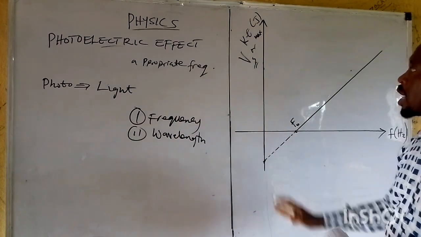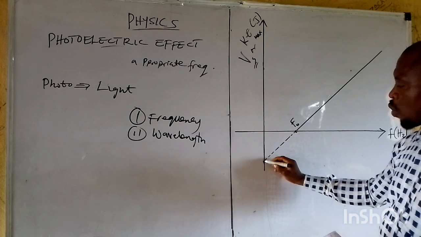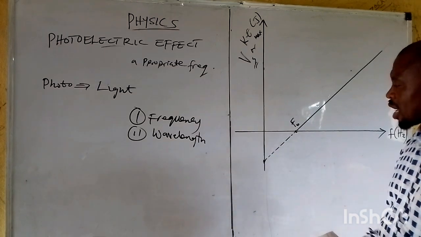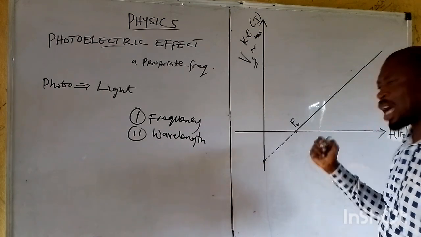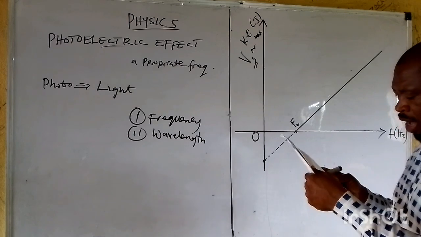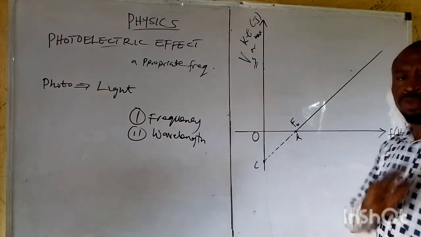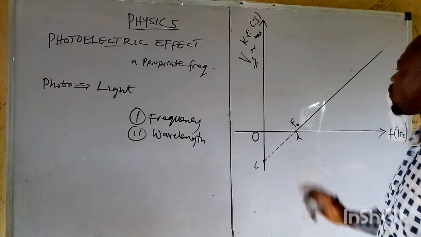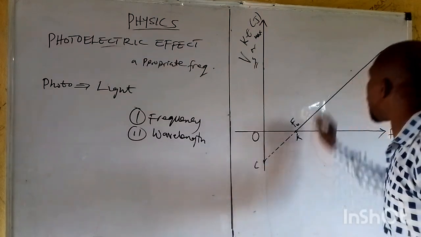While the kinetic energy axis has an intercept at this point, here is our work function. Assuming we have here O, and then we have here C, and here K. So three deductions will come from here.